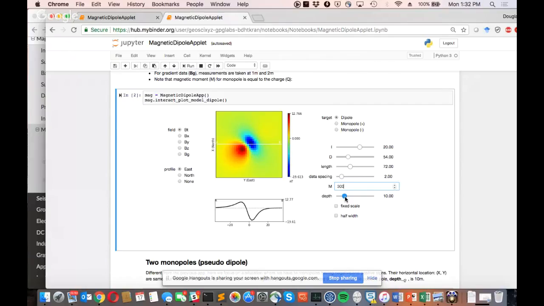Right now this synthetic one is at 10 meters. So if I decrease this by a factor of 2, what does that make it?